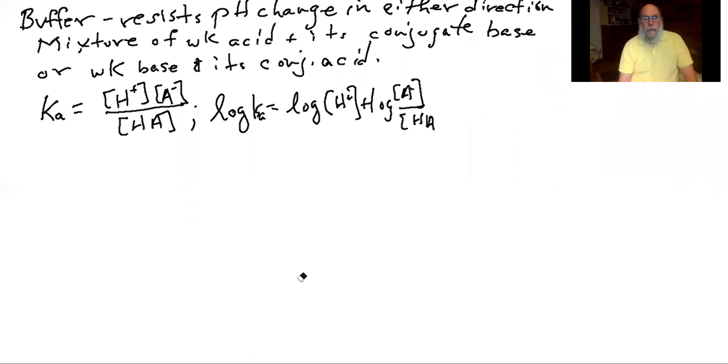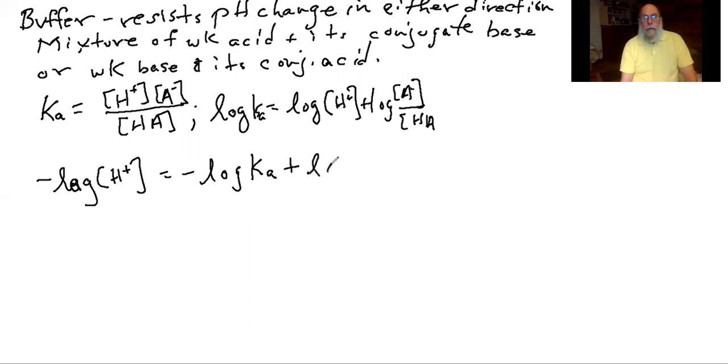Now, let's swap sides here. Let's move the proton term over to the left. And let's move the Ka term over to the right.